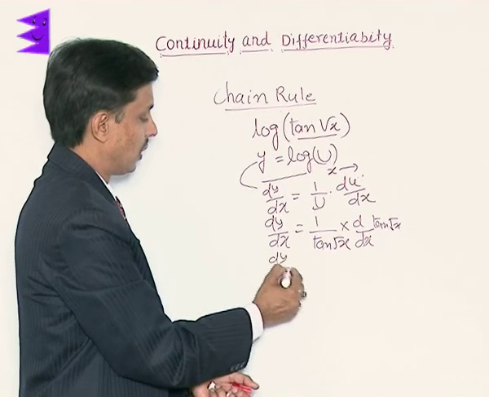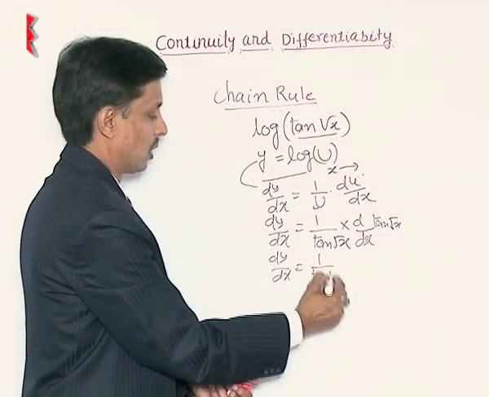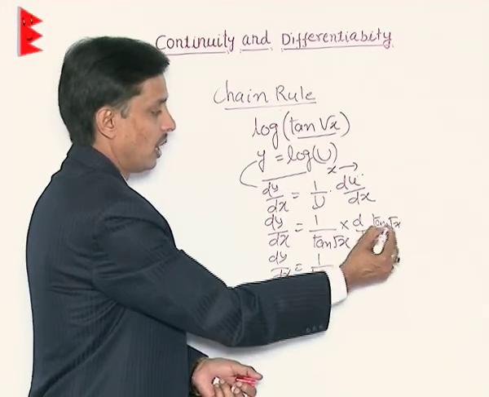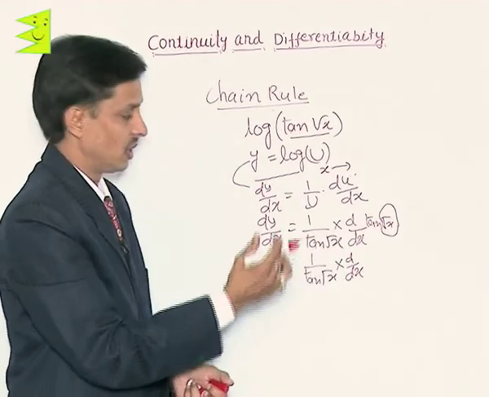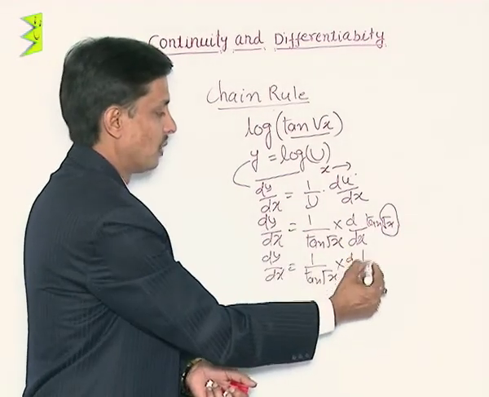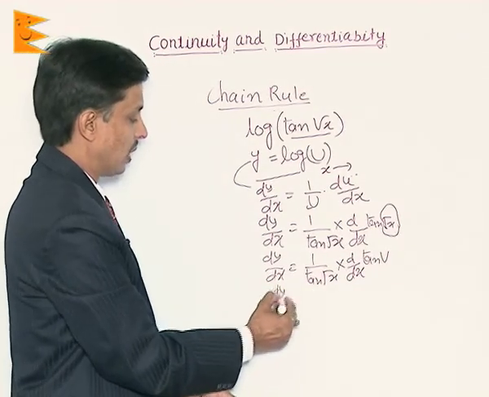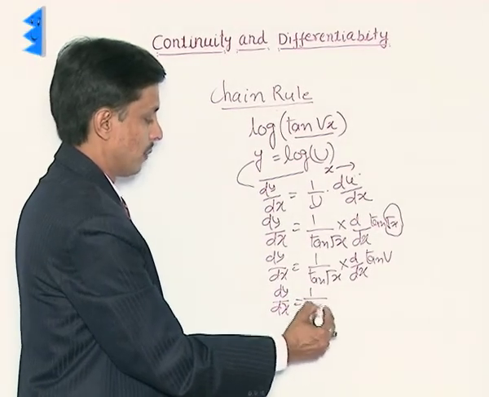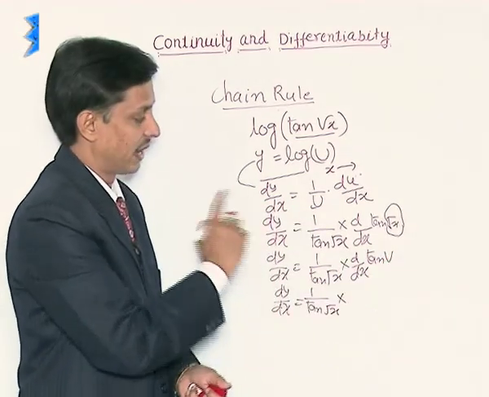Now the value of dy by dx is coming out 1 upon tan root x into derivative of tan root x. If root x, a new function, is assumed as v, then we will say it is tan of v. The derivative of tan x is sec square x.